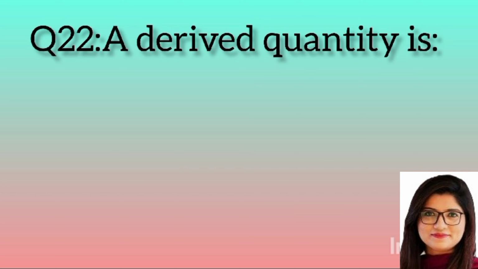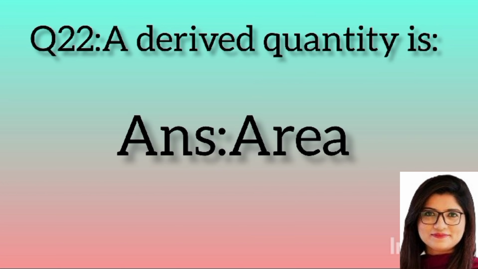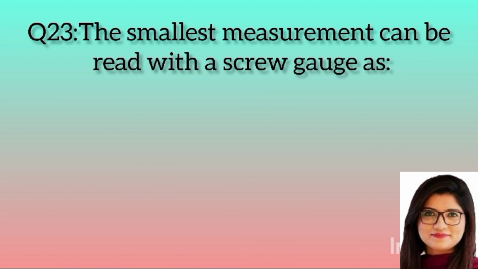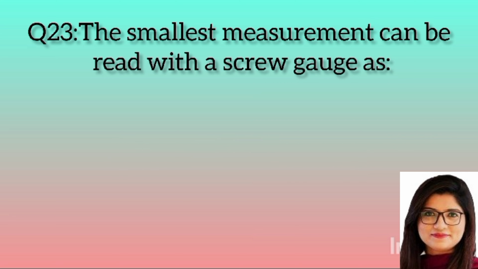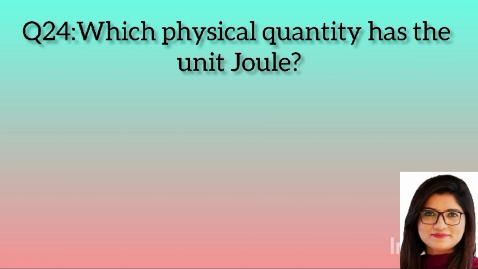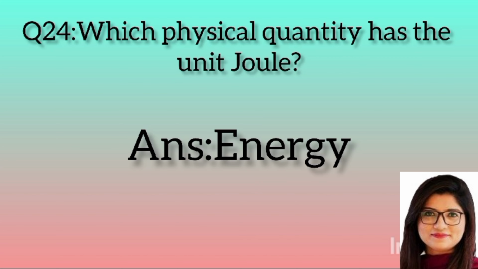A derived quantity is answer: area. Question 23. The smallest measurement that can be read with the screw gauge is answer: 0.01 millimeter. Question 24. Which physical quantity has the unit joule? Answer: energy.